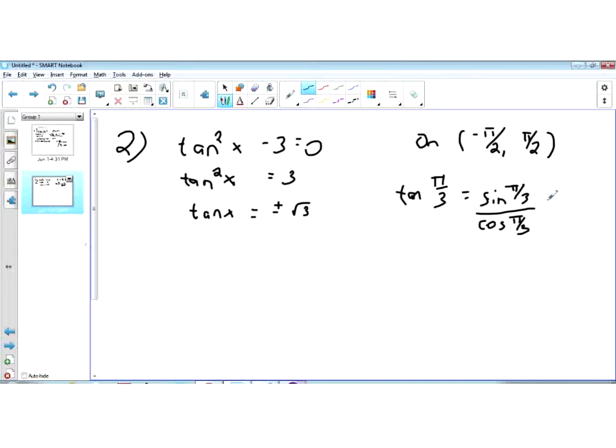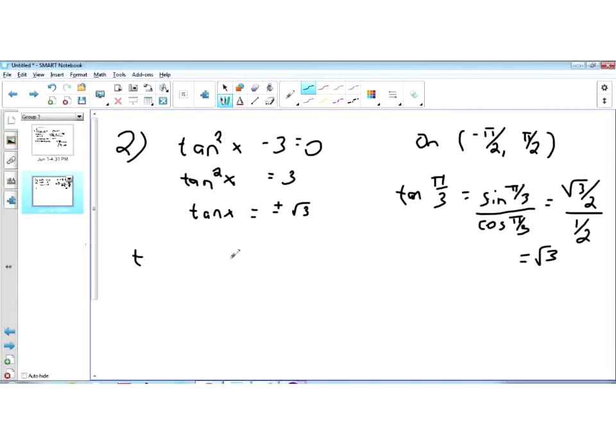Hopefully you have it memorized by now. That's equal to the square root of 3 over 2 divided by 1/2, which is equal to the square root of 3. So the tangent of pi thirds is equal to the square root of 3.